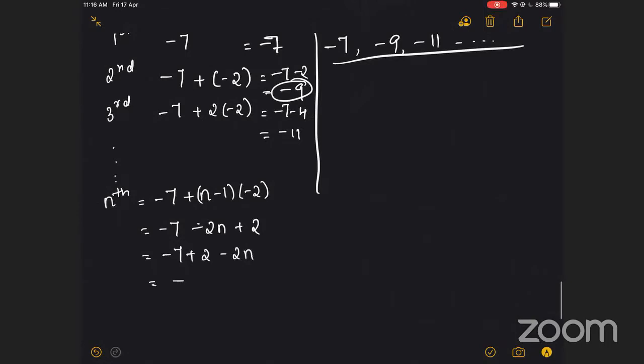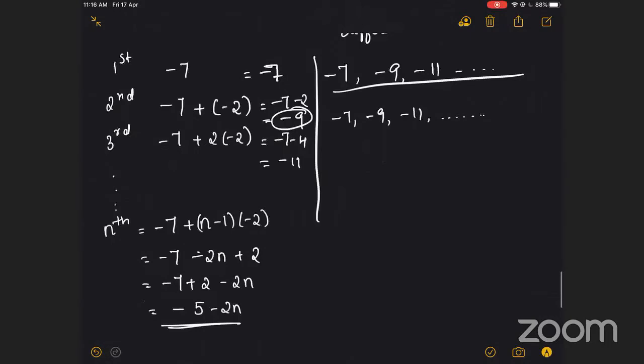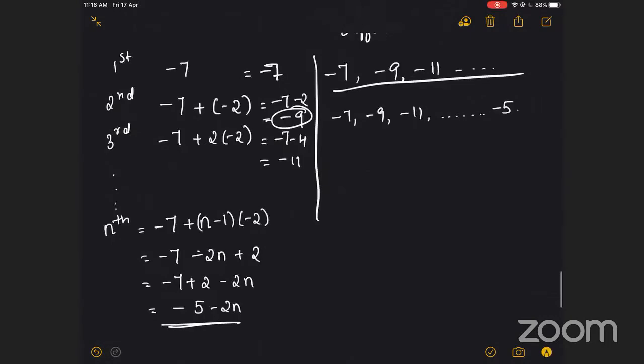That is -5 minus 2n is the nth term of the AP. So can I write the AP as -7, -9, -11, and so on up to the nth term, that is -5 minus 2n? So this whole thing is an AP now. I hope everybody understood what an AP is now.